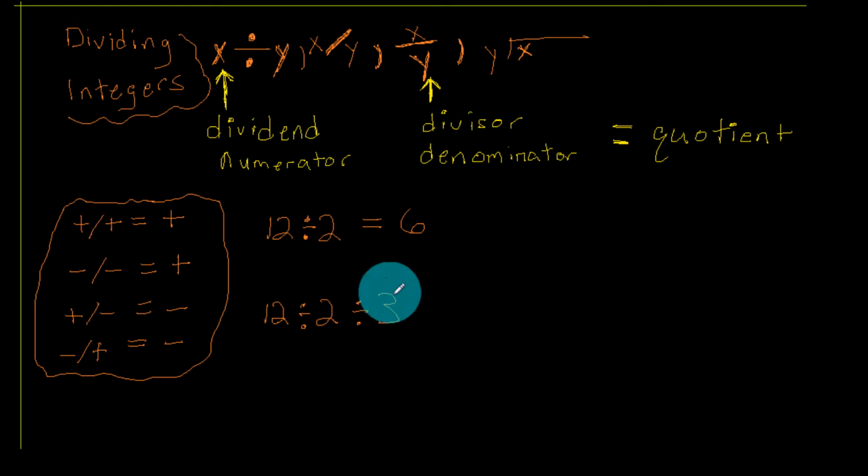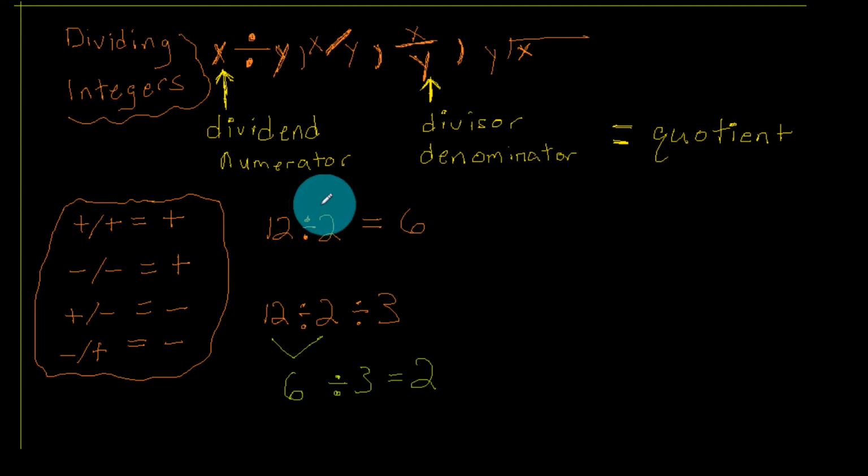Well, we're first going to divide 12 by 2. We know that 12 divided by 2 is 6. And from here, you can take 6 and divide it by 3. 6 divided by 3 will give you a value of 2. Cool stuff. Let's go ahead and box this up.